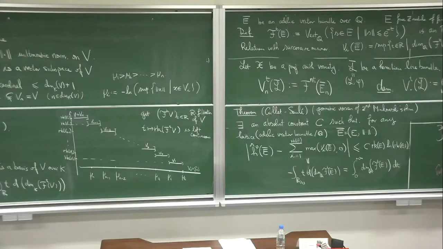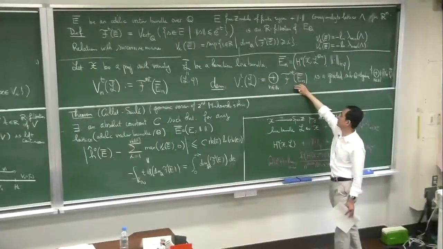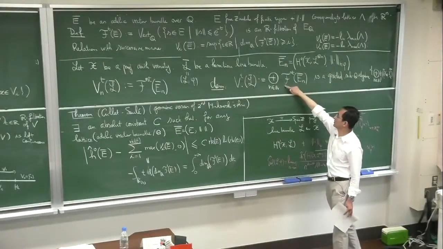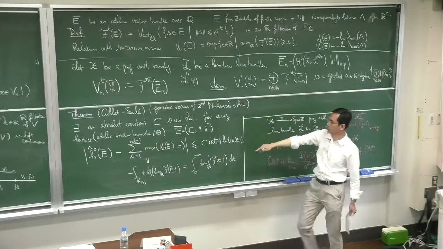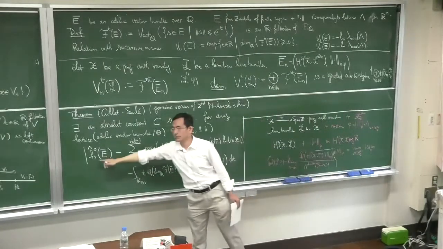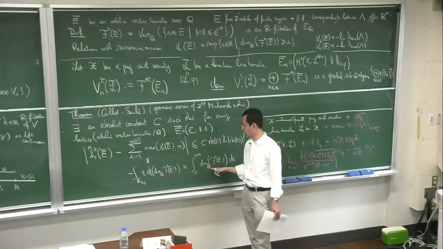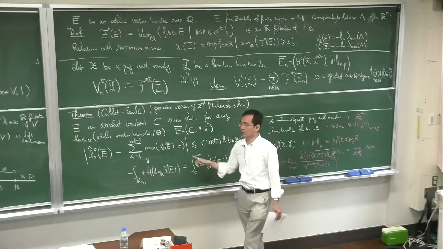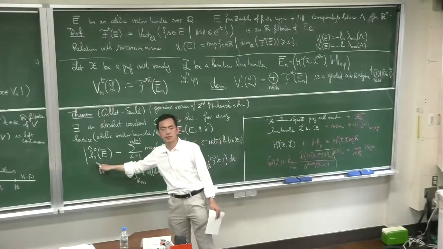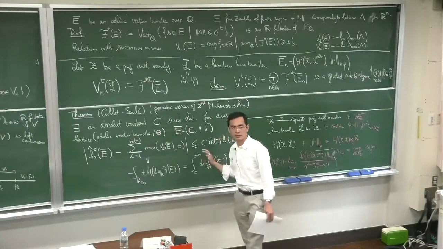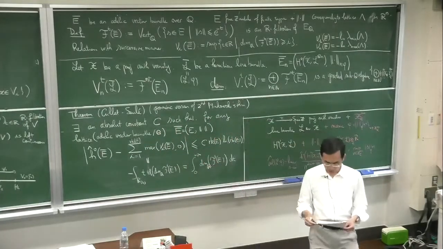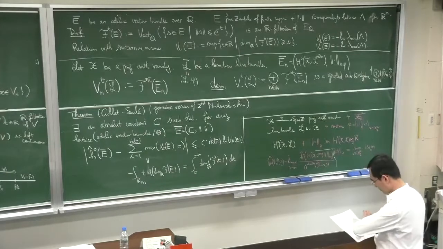Now you observe really a strong link, because you have such a construction of a family of graded linear series, and the dimension of each component is closely related to H0 hat, because it appears here. If you integrate the dimension, you recover almost the H0 hat, of course with some error term.